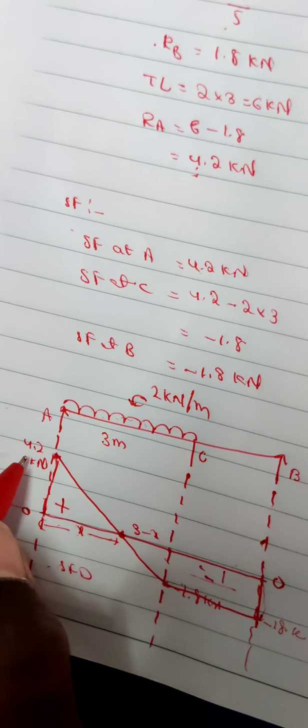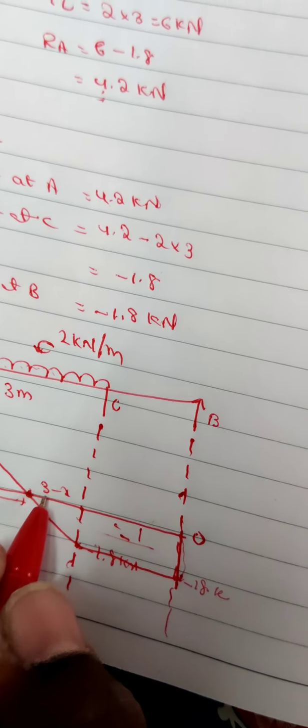Using similar triangles, x by 4.2 is equal to (3 minus x) by 1.8. Hence x equals 2.1 meters from support A. We calculate this x distance because in the bending moment calculation we need the moment at the 2.1 meter point also.